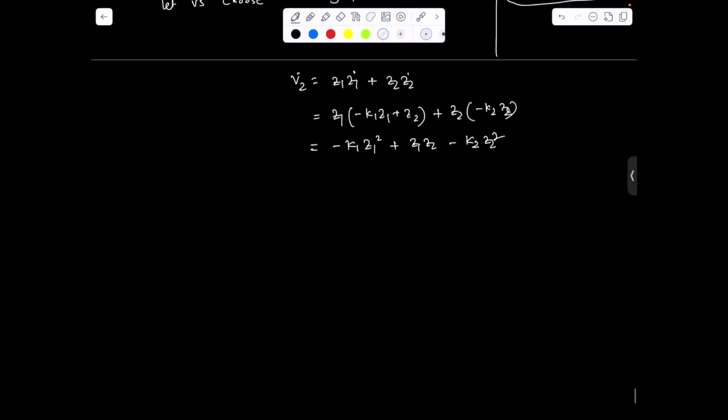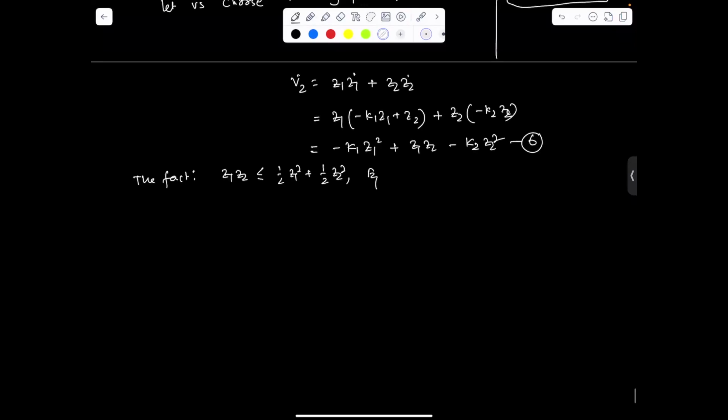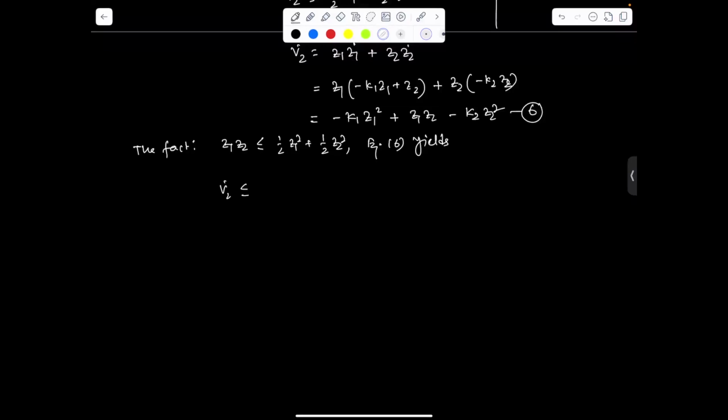Now using the fact that G1 G2 is less than or equal to half G1 square plus half G2 square, equation 6 yields V2 dot less than or equal to minus K1 G1 square plus half G1 square plus half G2 square minus K2 G2 square.